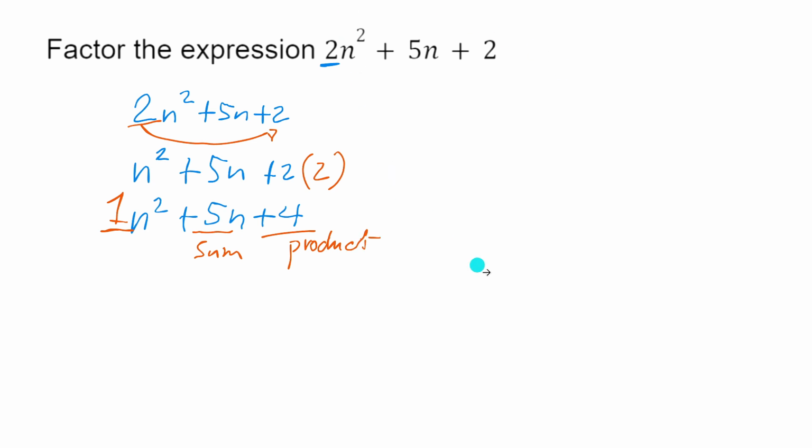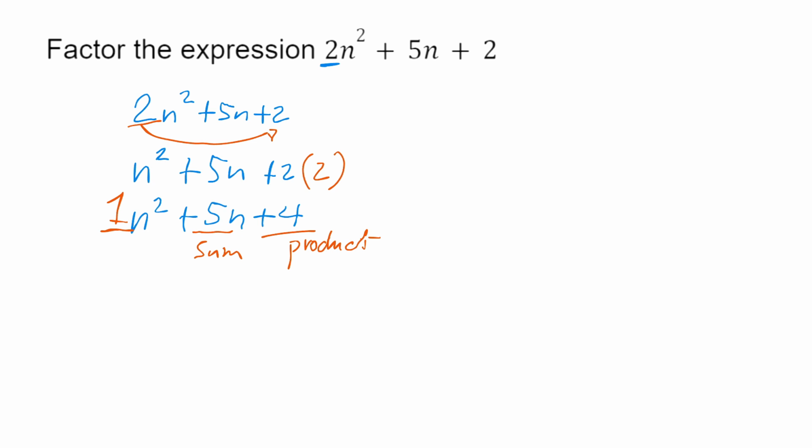So you try to think of two numbers that when you multiply, it's going to be positive 4. And when you add is what? Positive 5. Okay, you can pause first for a while the video to think of those two numbers. Again, two numbers that when you multiply is positive 4 and when you add is positive 5. Okay?